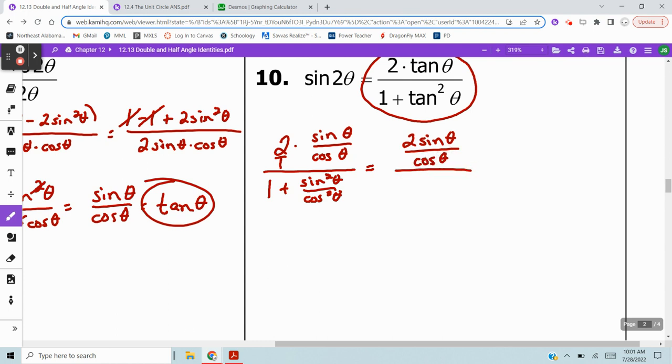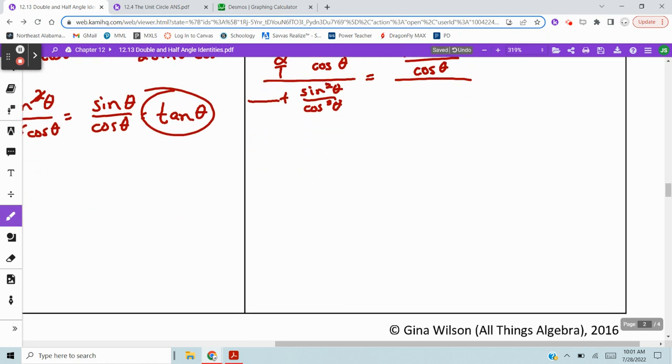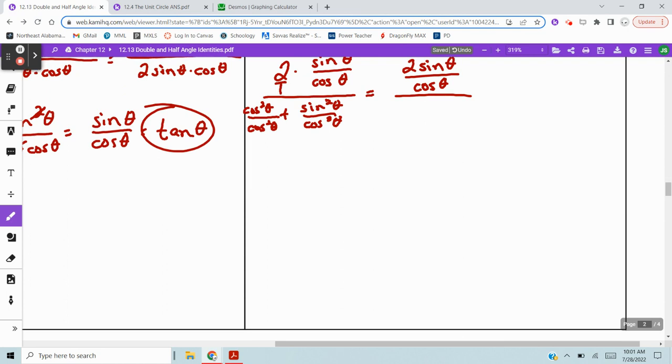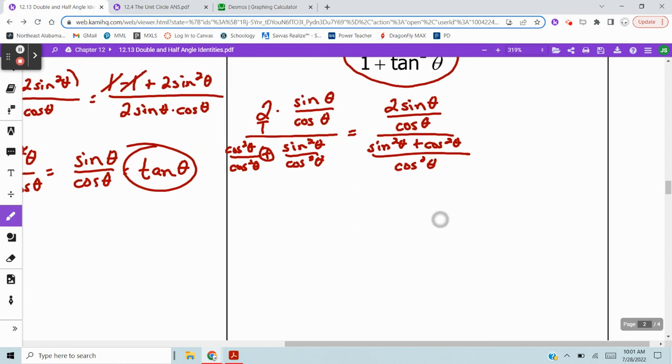On bottom, I am going to find common denominators. The 1 I'm going to turn into cosine squared over cosine squared. So now I can add those together. I've got cosine squared plus sine squared, and so it's more recognizable, I'm going to write that as sine squared plus cosine squared on top, and I've got cosine squared theta on bottom.